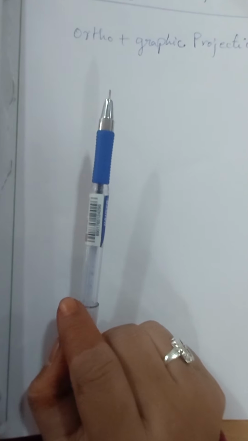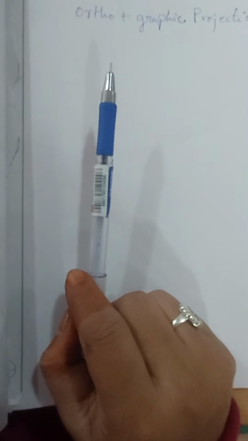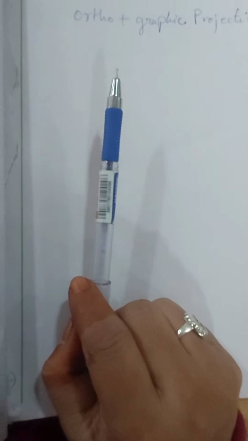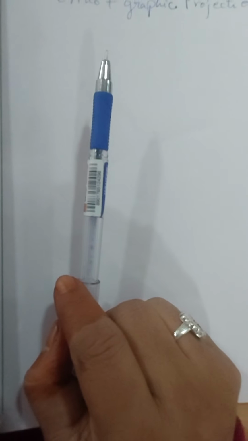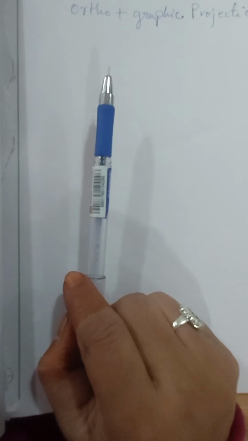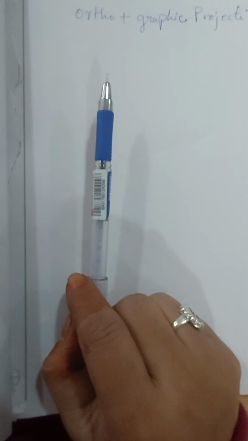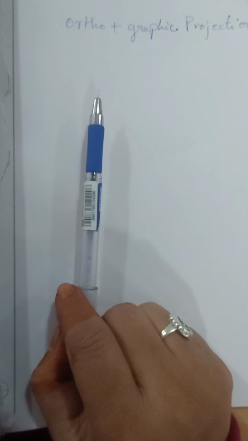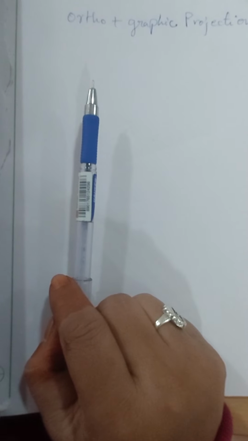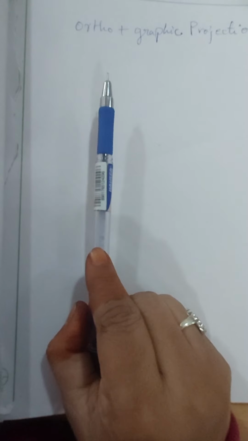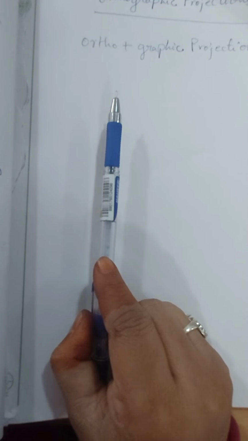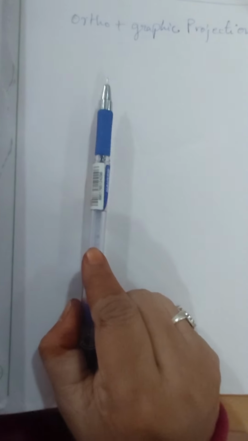And the rays of sight. Here the rays of sight are invisible, but the rays of sight which we can draw in the drawings are imaginary rays. We can't see the light rays, right? But we can see all the intersection points of light rays and the plane of projection, which form the image or the shadow of the pen.